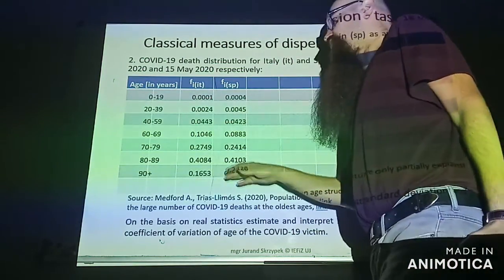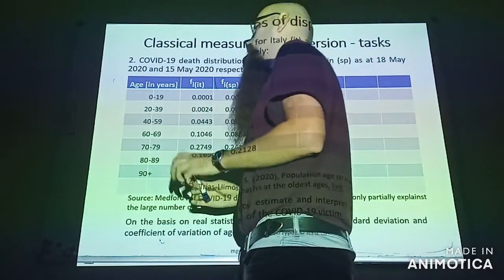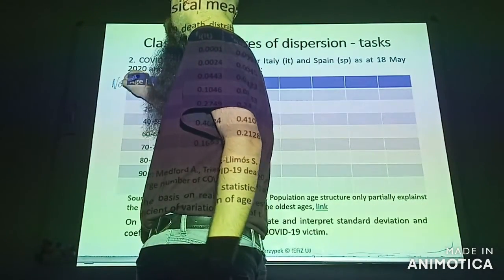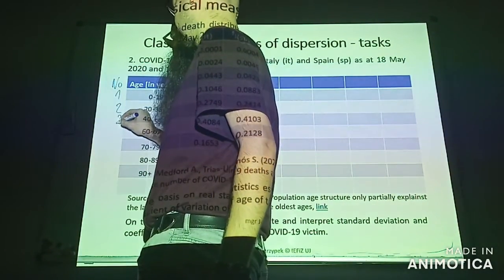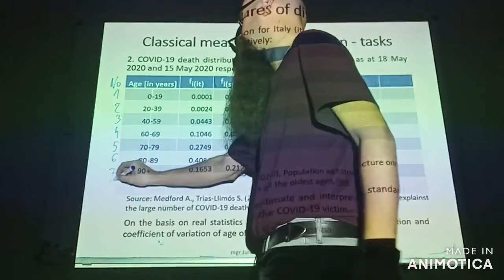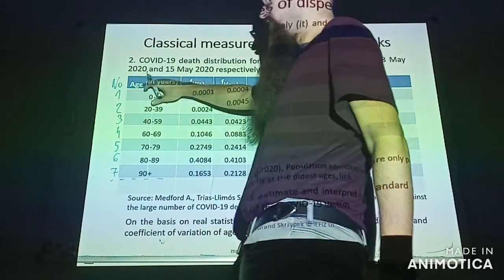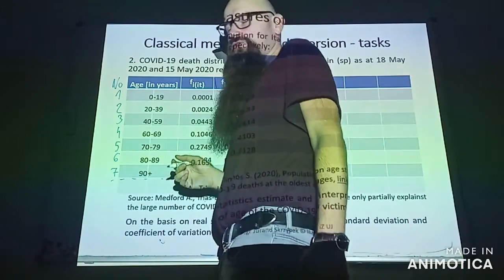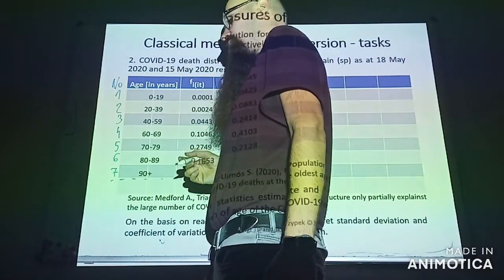And we consider the interval series in which we have 1, 2, 3, 4, 5, 6, 7 classes of age. Here we have the values of our variable.